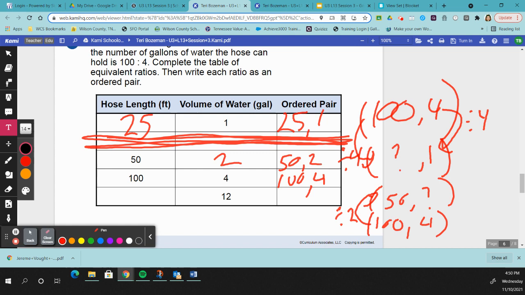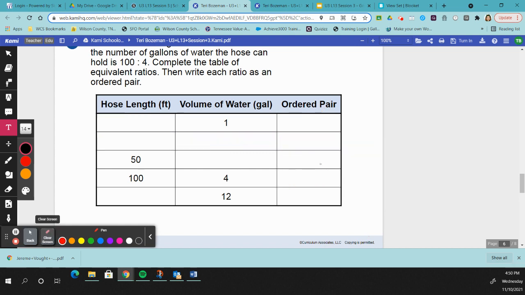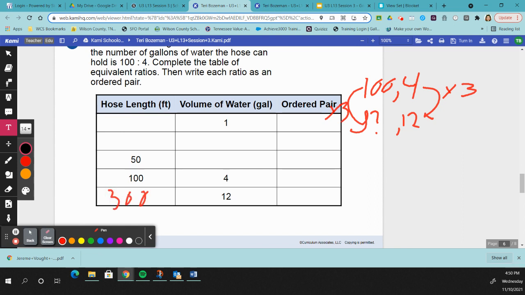And then we're going to follow the same type of steps for the last ordered pair here. We're going to say, okay, our original was 100 to 4, and we know that we have 12 gallons of water, but we're not sure how many feet of hose that is. So to get from 4 to 12, 4 times 3 would get me to 12. So what is 100 times 3? Well, that would be 300, right? So 300, 12.